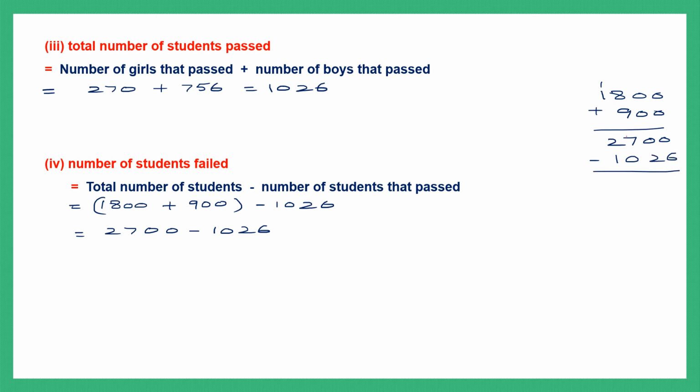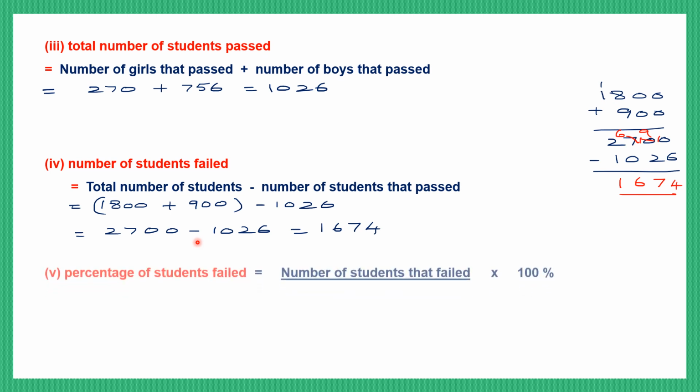So when we borrow from here, this becomes 6, 10, 9, 10. 10 minus 6 is 4, 9 minus 2 is 7, 6, 2 minus 1 is 1. So what do we have? We have 1,674. So this is the number of students that failed.